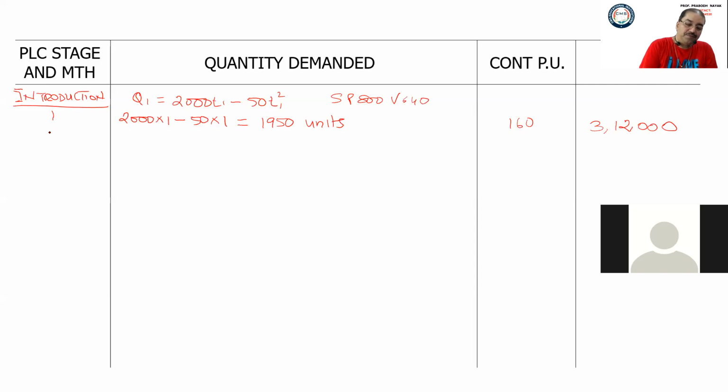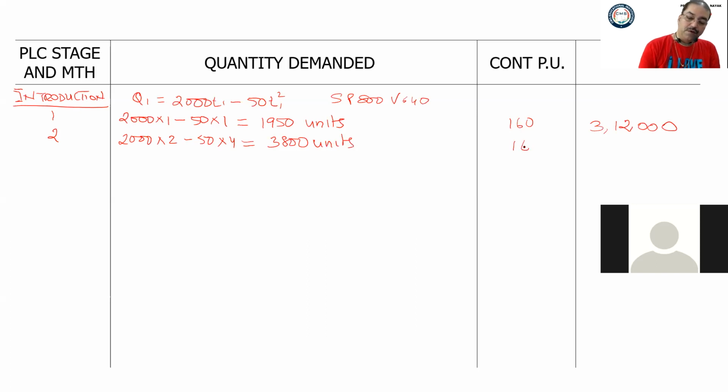Second month. T is 2 now. So 2000 into 2 minus 50 into 2 square. 2 square is what? 4. 2000 into 2 is 4000. 50 into 4 is 200. 4000 minus 200, 3,800 units.